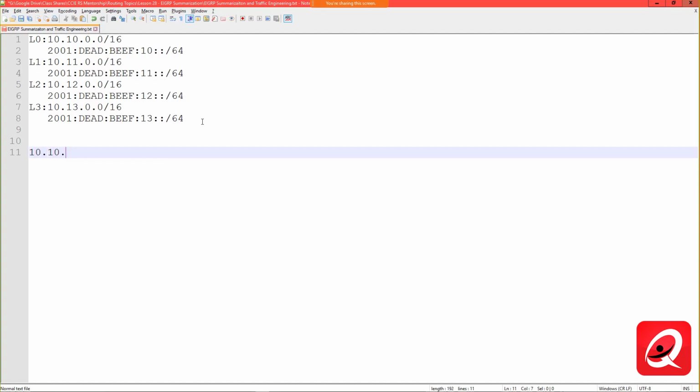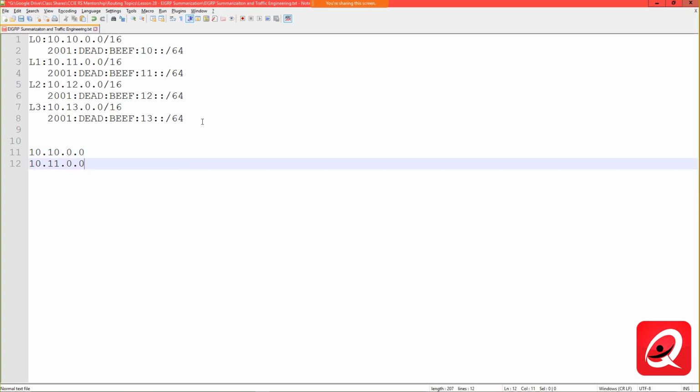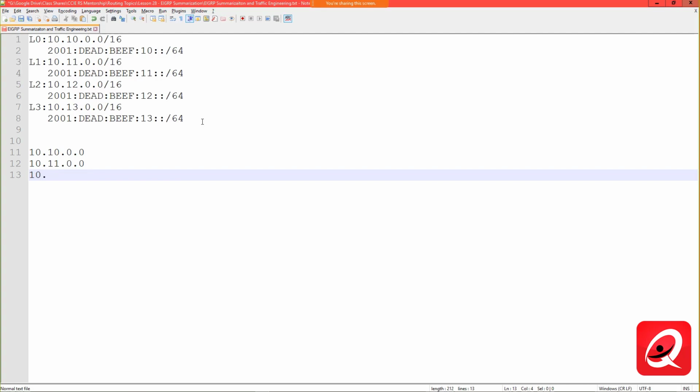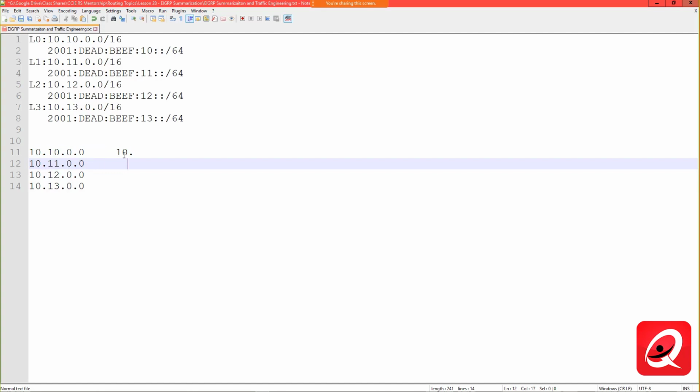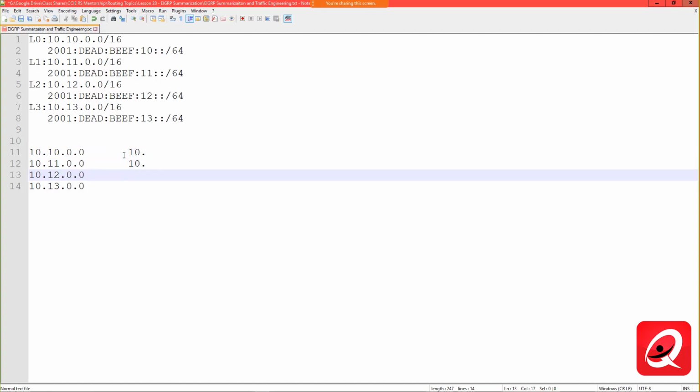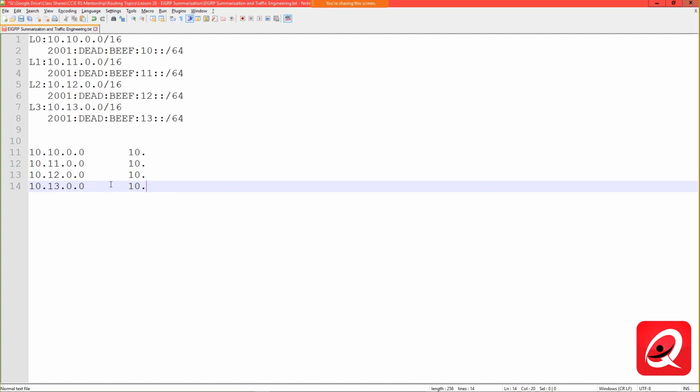Now, if you guys recall, with regard to our summarization, we would take each of the networks that we're trying to summarize, and we look for a common bit pattern in those networks. I think everybody agrees that each of these networks here starts with a 10, right? So we know that our summary is going to at least include 10.